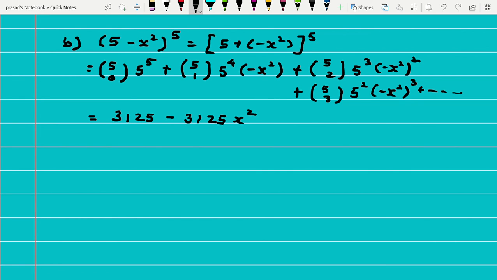So 5C2 will be 10 into 5 cube, that is 125, which becomes 1250, and obviously the sign will be positive because negative square is positive. So 1250 x square the whole square, that is x to power 4, and then 5C3 into 5 square. If you do this on the calculator, it will come out to be 250. Negative cube is negative, x to power 6. So these are the terms in the expansion.